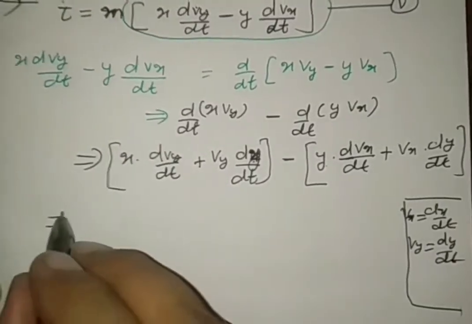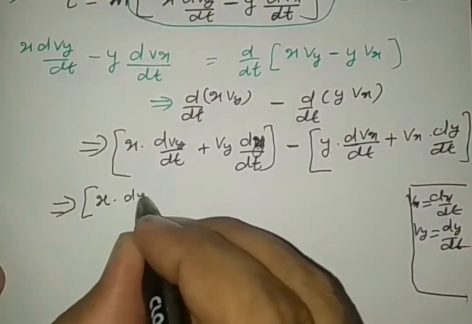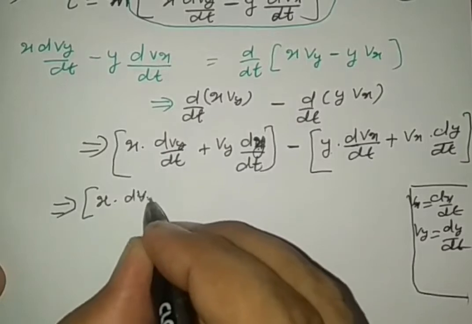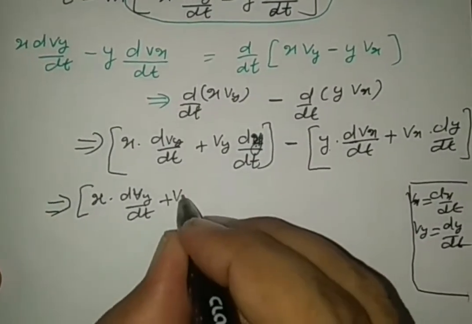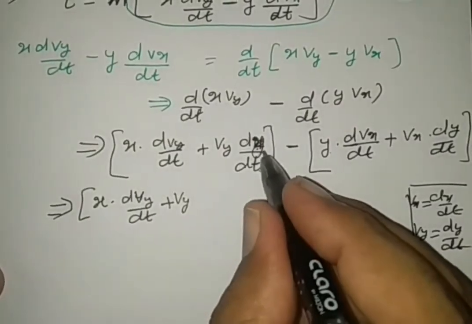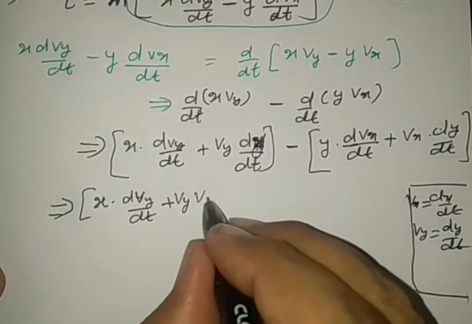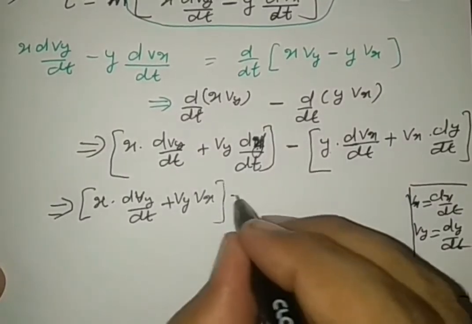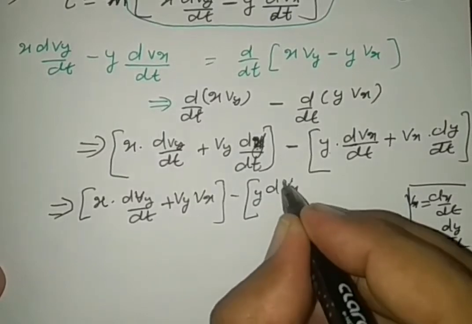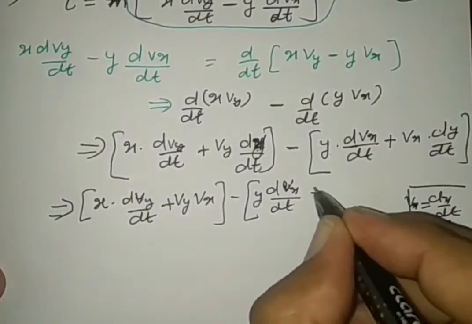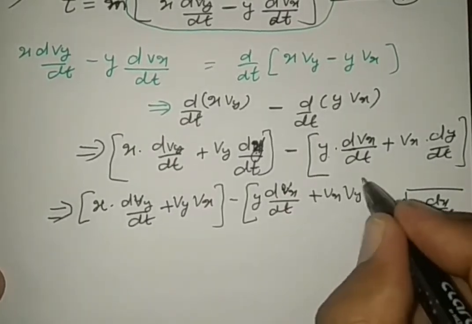Then the above expression can be written as x dvy by dt plus vy, this is dx by dt, dx by dt is here vx, minus y dvx by dt plus vx and dy by dt is vy.